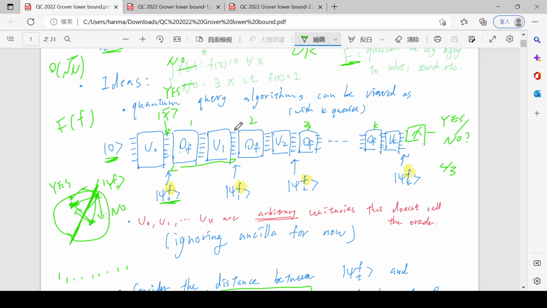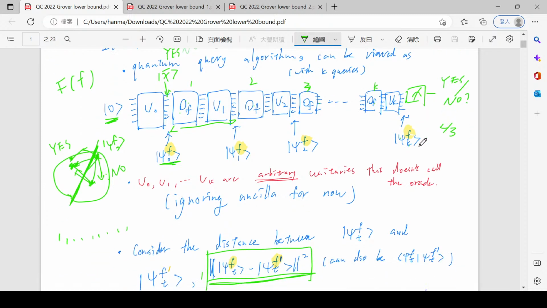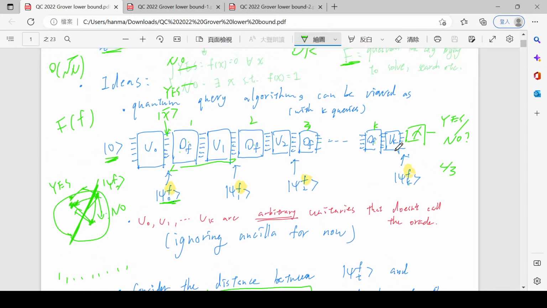The first key point here is that those U's don't depend on f, and so they don't change the distance between these different trajectories. The other important thing is that at the end, those trajectories need to have some kind of separation, to make sure that the yes instance f has a good accept probability and the no instance f has a better reject probability.